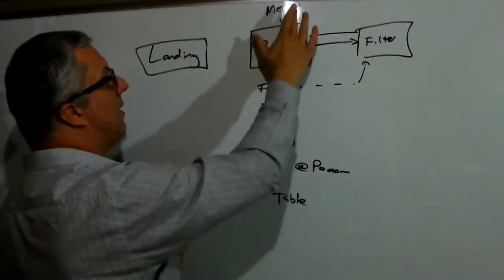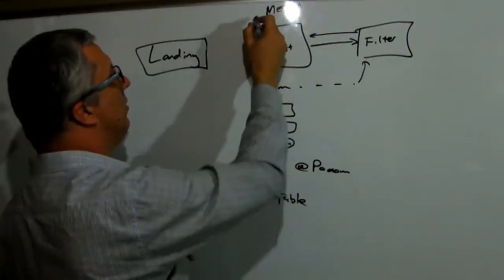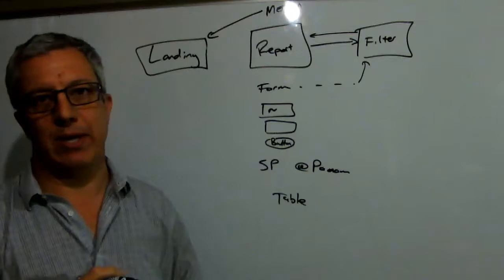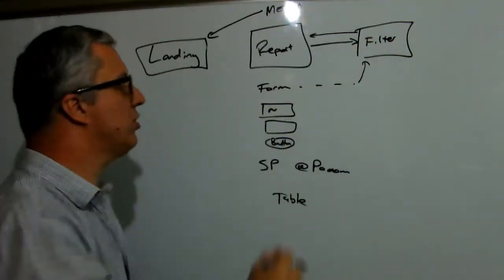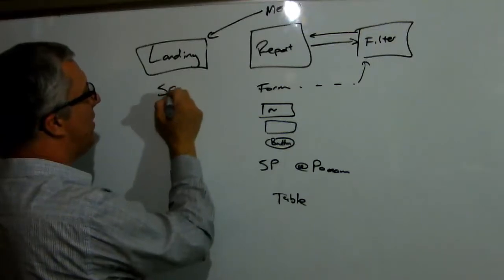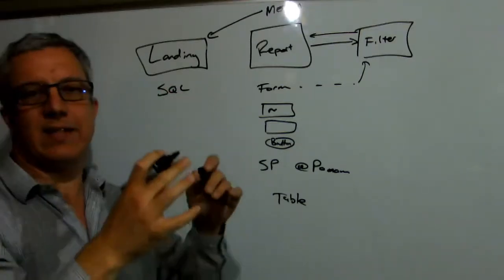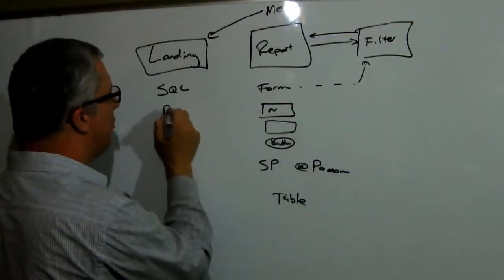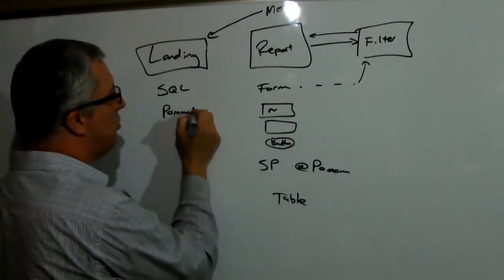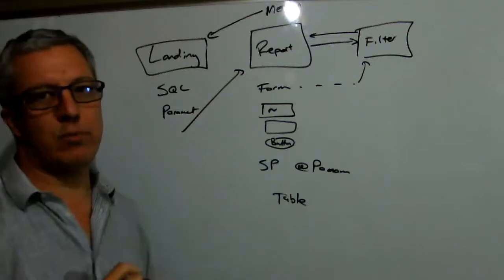So for that I will basically take my menu, point it to a landing application, which is in effect a fancy filter application. This will have either an SQL or something like that that's going to draw the data that I want in these parameters. It's going to do the parameters that I need and then redirect to my report.